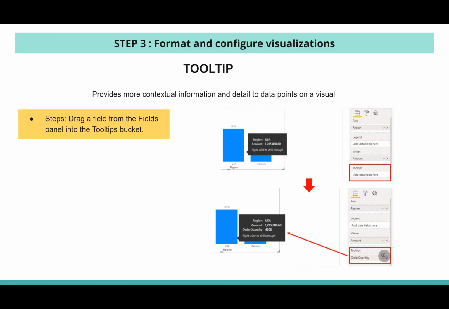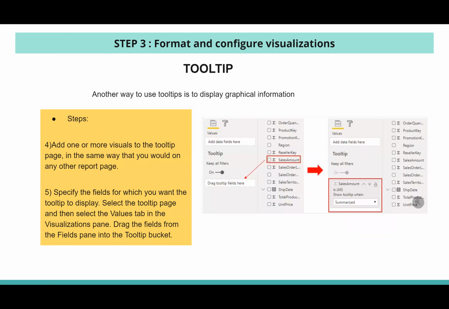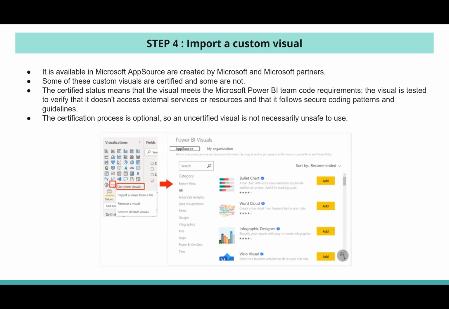So the next one is, we could see that is the interesting thing in the tooltips. And then another type is, maybe you see another kind of thing that you want, but you can't find an interesting visualization, so you could import custom visualizations by clicking on Get more visuals.